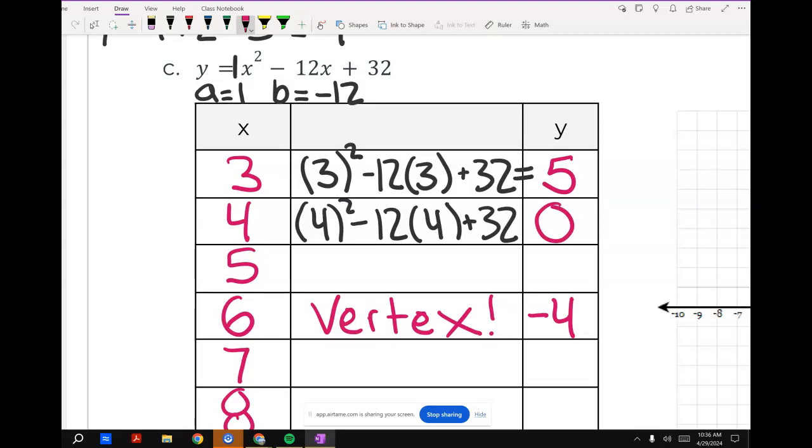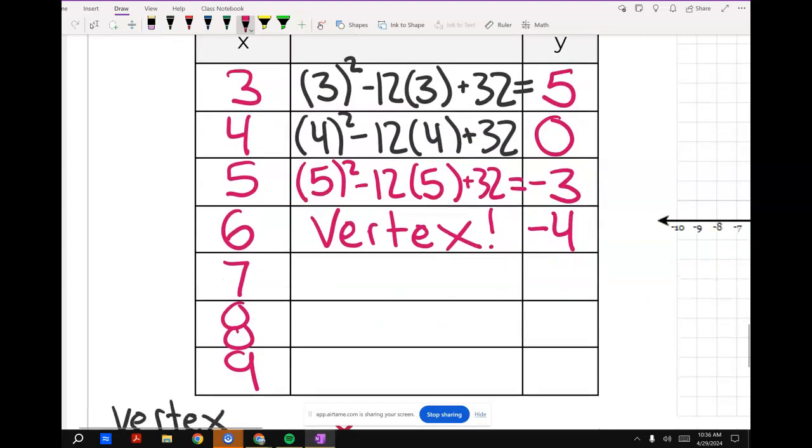And then we just have to do 5. 5 squared is 25 minus 12 times 5, which is 60. Then we add 32. That would be negative 3. Again, since we start with our vertex, we don't have to do any work in these three. We can use our work from our outputs to fill in. So it'll be negative 3, 0, and 5.